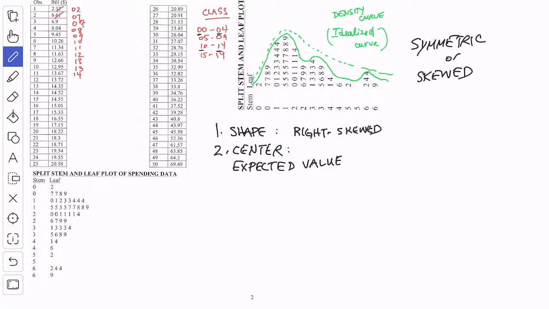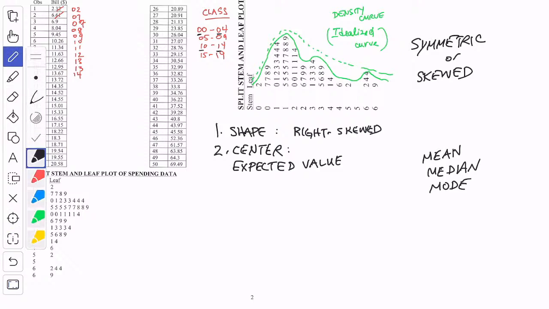The options are, and you may be familiar with these terms or not, I'm going to cover them.